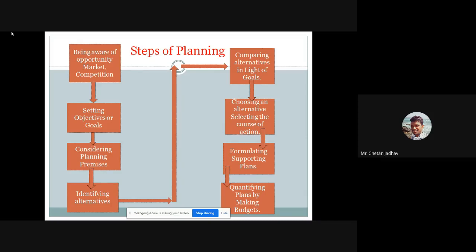Plan A means you have to define. Suppose we are going to develop one simple ball pen. Before making that planning, we have to visit the market. We have to see what type of pen is already available in the market, and what things we have to modify according to customer need.